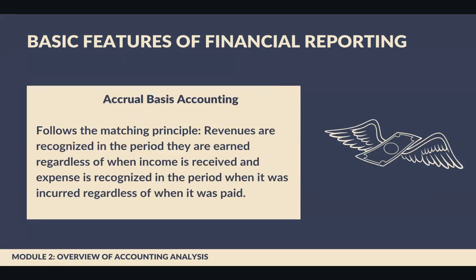In accordance with the going concern assumption, we are forecasting that there will be no bumps ahead and our business will live on for the foreseeable future. With that being said, our accounting basis should follow that assumption. And the main accounting basis used in financial reports is accrual basis accounting.